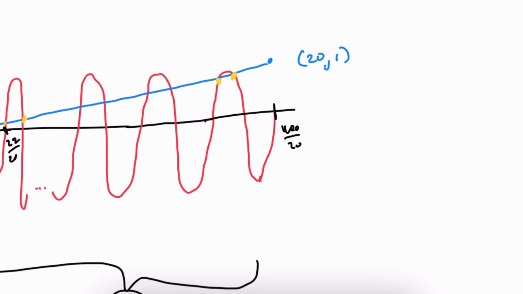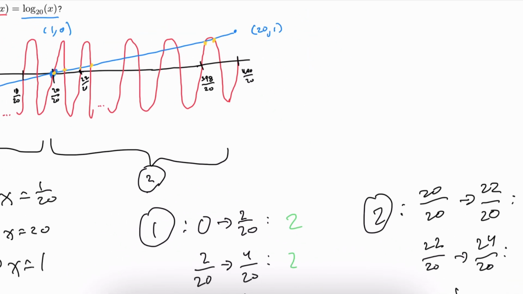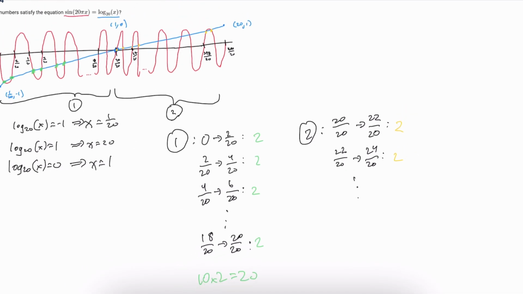I guess this last period should start at 398 over 20, so from 398 over 20 to 400 over 20, we'll have two.